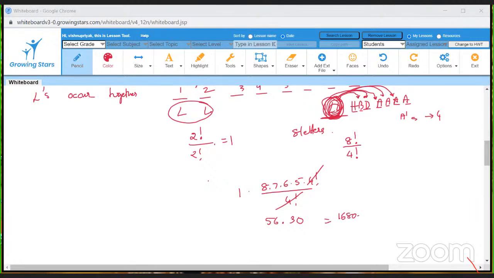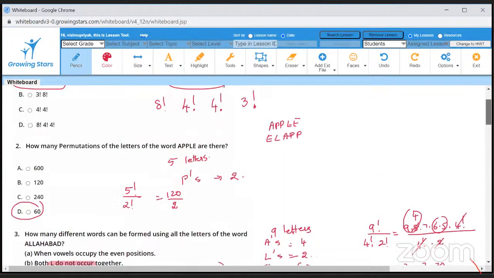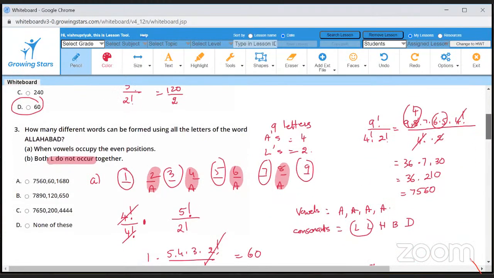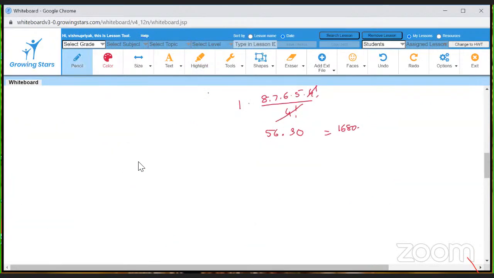But these are L's together, and we need L's not together, the opposite. Total in the beginning without any condition, 7560 words can be formed.